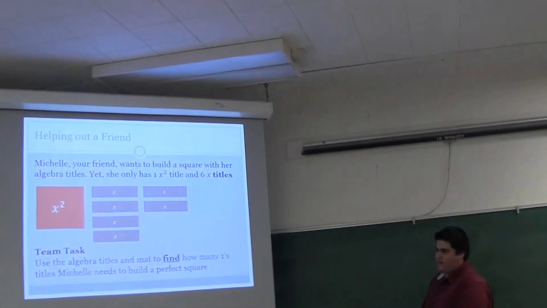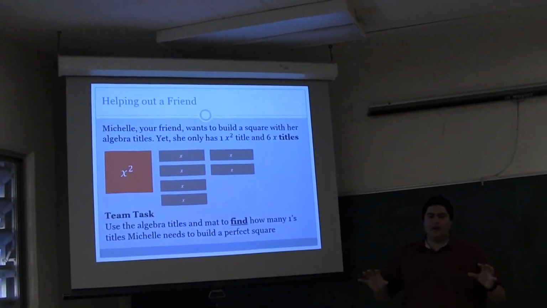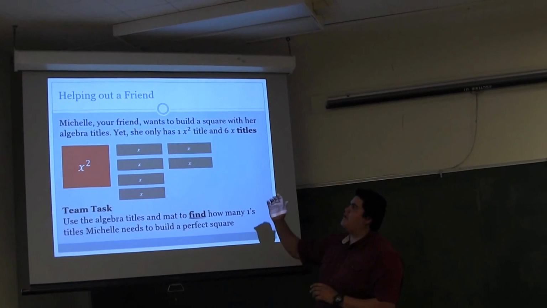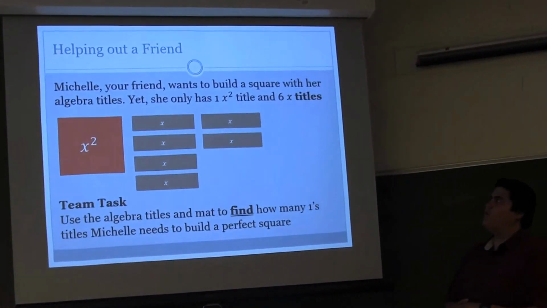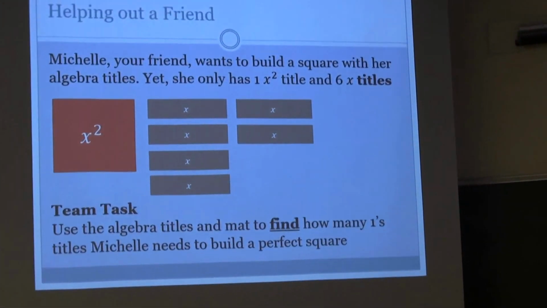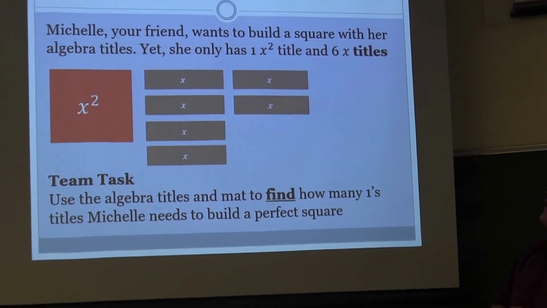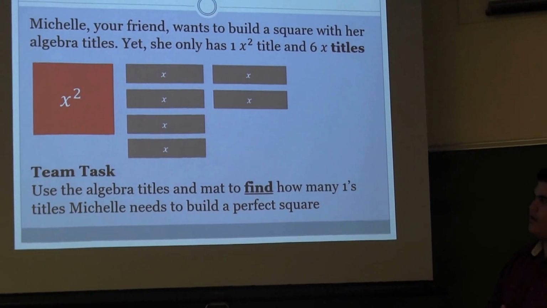All right, so we're going to help out a friend. And make sure you're writing all of this down in your activity sheet as well. So Michelle, your friend, wants to build a square with her algebra tiles. She has 1 x squared and she has 6 x tiles.